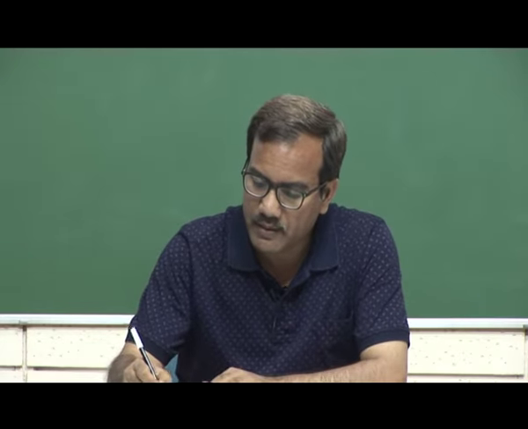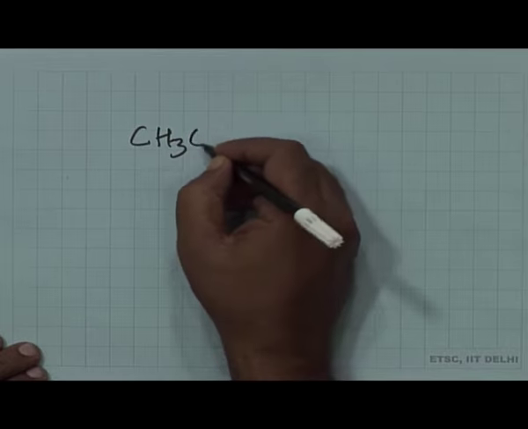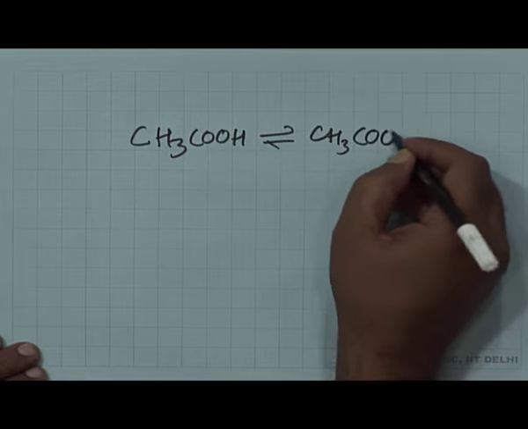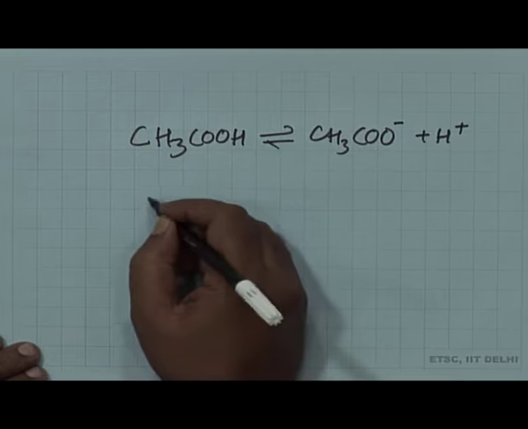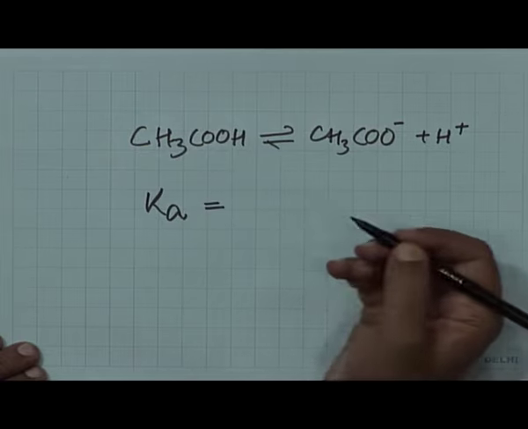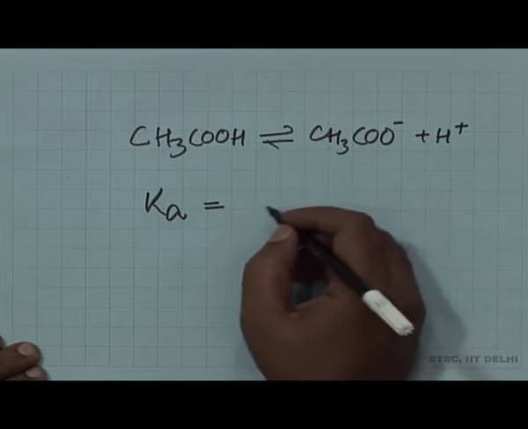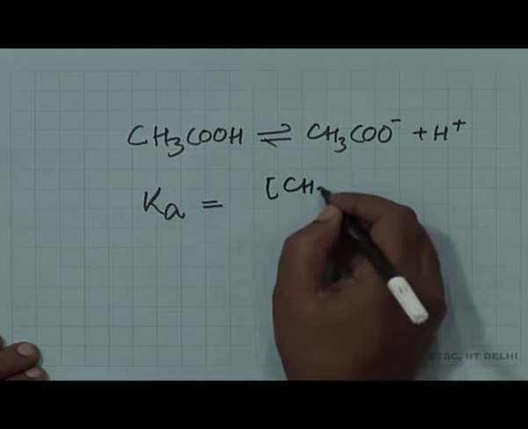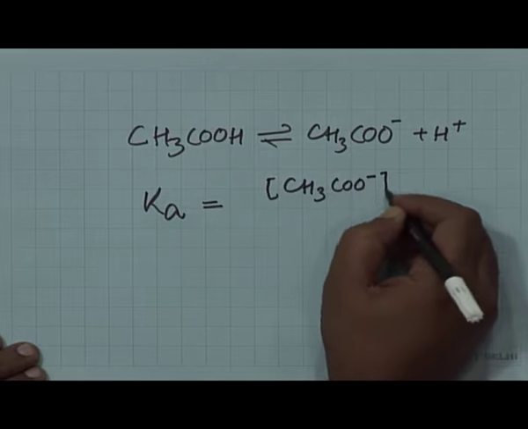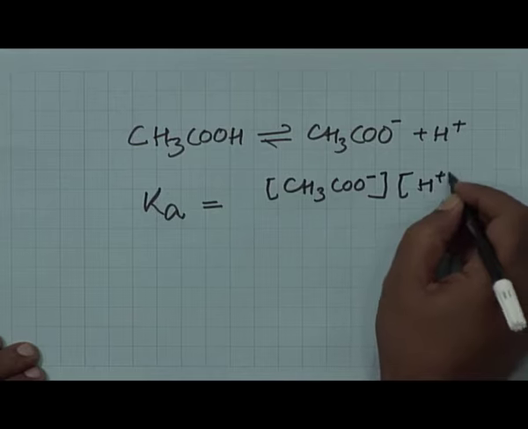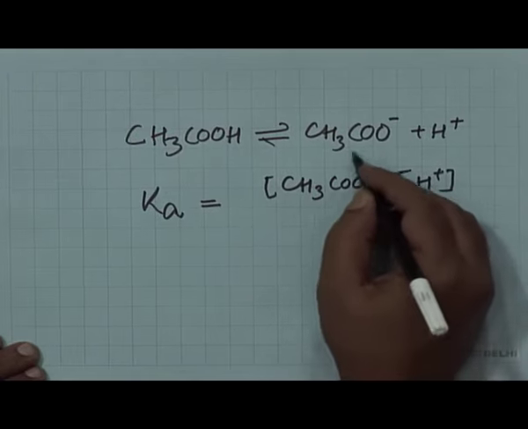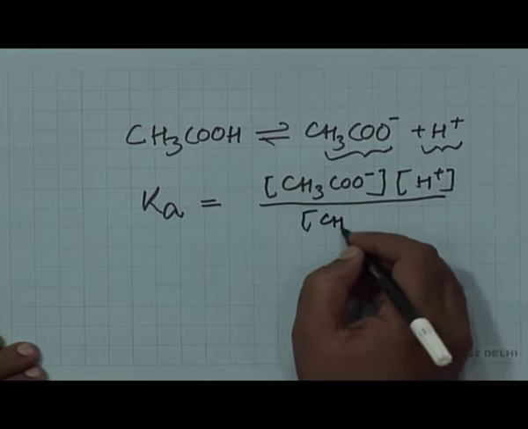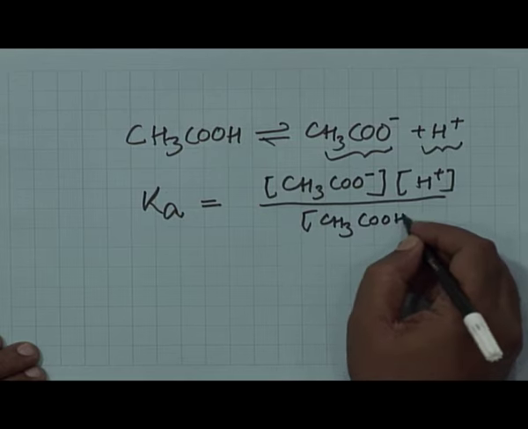So, when we apply the concept of equilibrium to an acetic acid solution, we can simply write, the way we used to write for any equilibrium reaction, equilibrium constant equal to products, that is, the multiplication of the ions on the product side divided by the concentration of reactant.